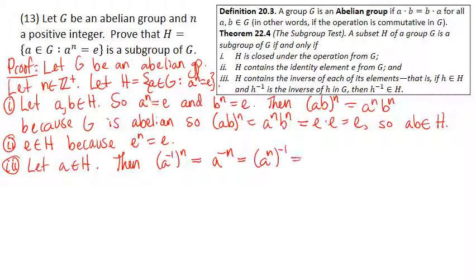So that would be E to the negative 1, which is E. We assumed A was in H, so that means A to the n equals E. Okay, so A inverse does pass the membership test for H, so A inverse is in H. Okay, so we passed the three conditions for H to be a subgroup.